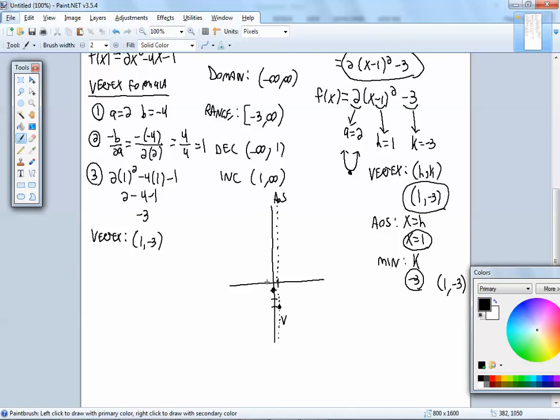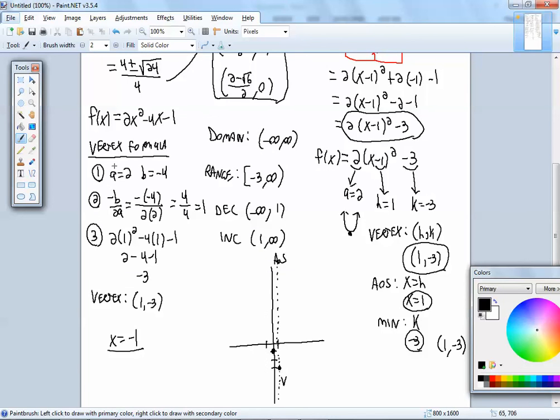Now we need one more point. So I'm going to come over here, maybe at negative 1, and I'm going to plug that back into my original function. And here was my original function. So I'm going to have y equal to 2 times (-1) squared minus 4 times (-1) minus 1.